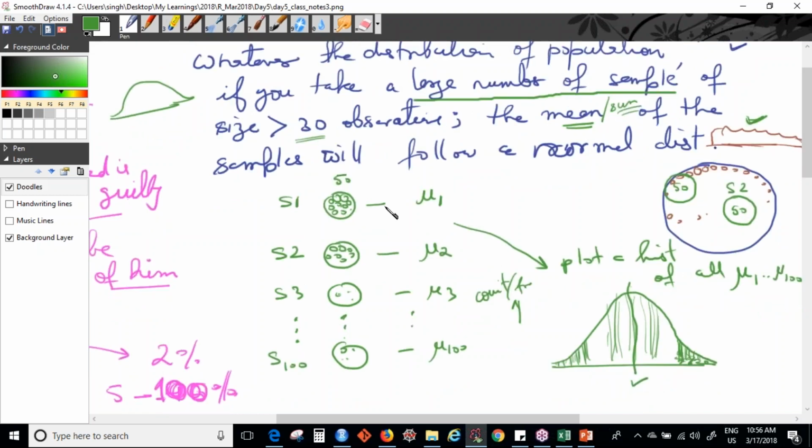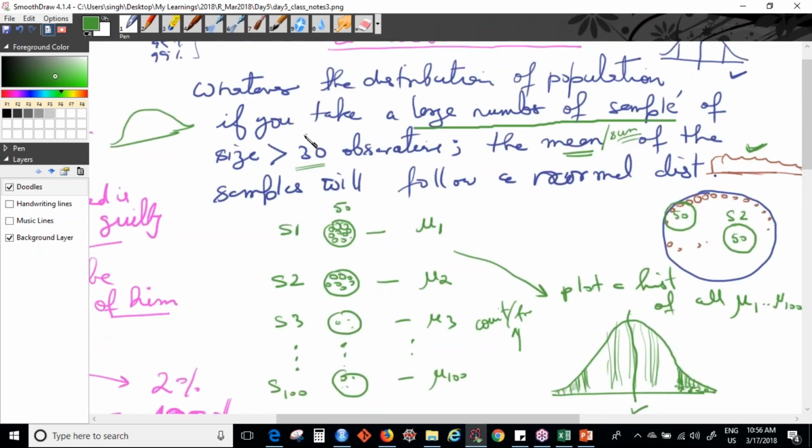Now Sahana asked me, why is that number 30 taken? Sahana, that 30 is an empirical number. There is no strict reason for that, but it has been found that if you take less than 30, the theorem might not be valid.